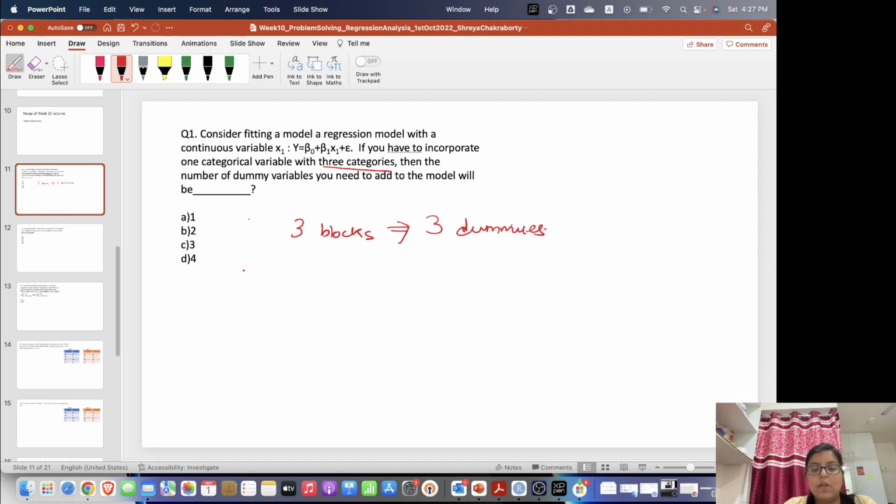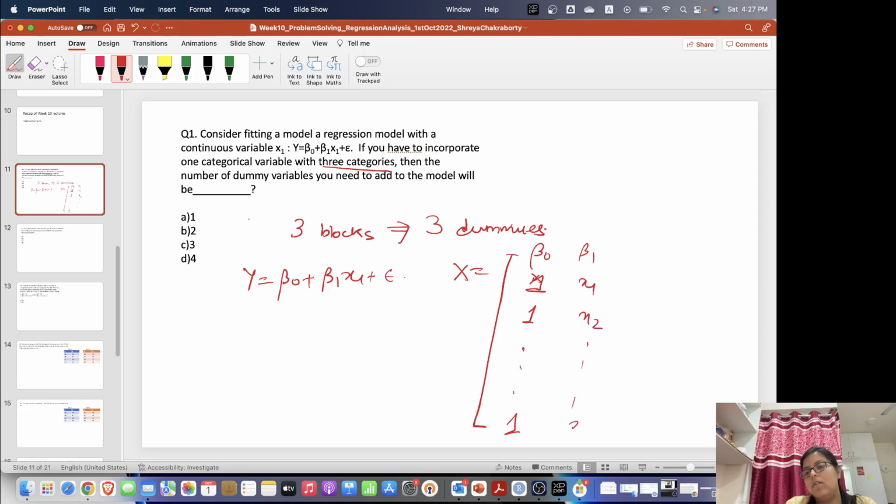Now, the next thing you have to see is that if you write the X matrix, we have this beta naught, and this is always 1. And for beta 1 we have x1, x2, similarly xn. We can consider this one to be associated with this beta 1 category.